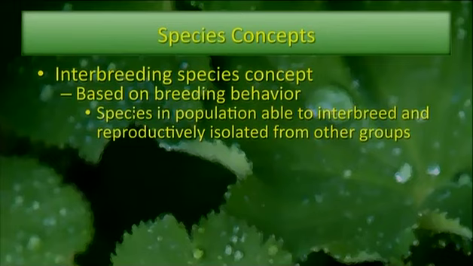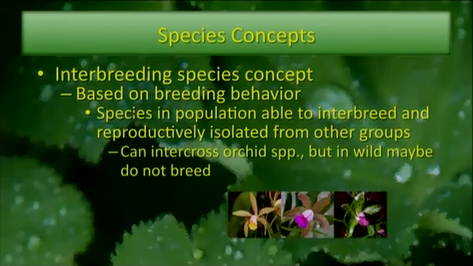So they usually do greenhouse studies, but this may not be what happens in nature either. Orchids can intercross species, even at the genus level, but in the wild maybe they don't breed.